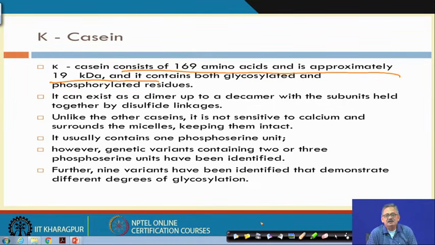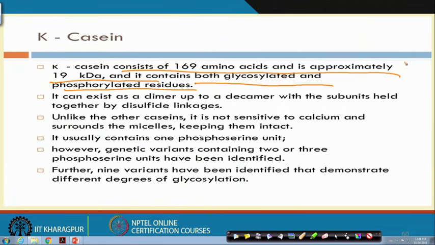It contains both glycosyl and phosphoryl groups, that is, it is glycosylated as well as phosphorylated. So, it contains both glycosylated and phosphorylated residues, right.